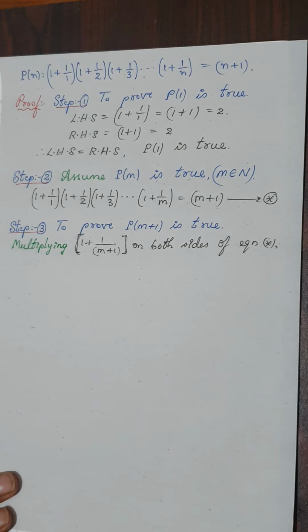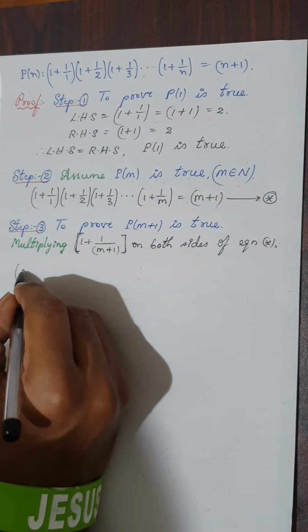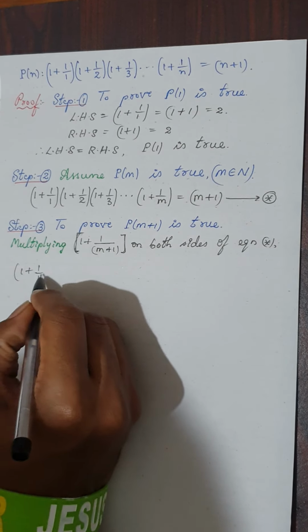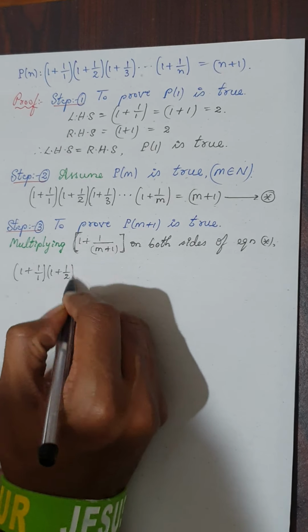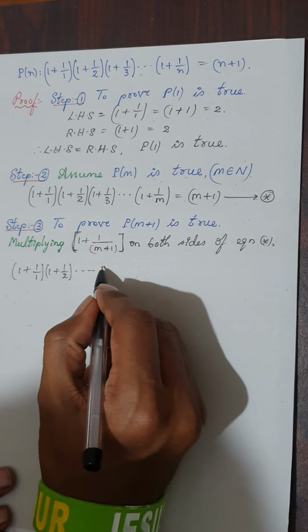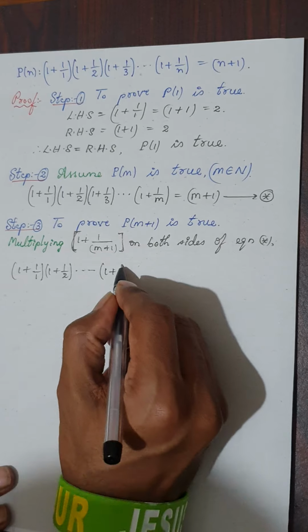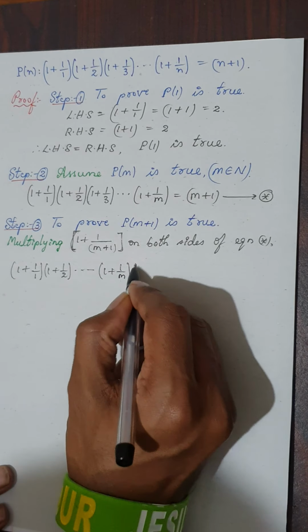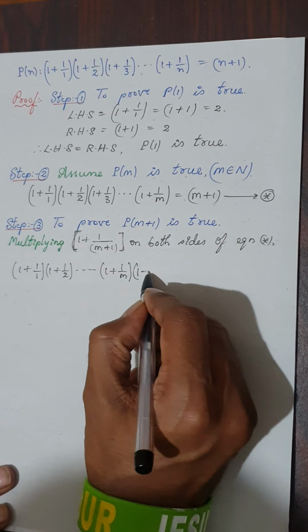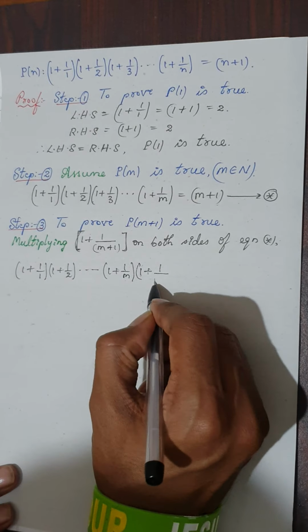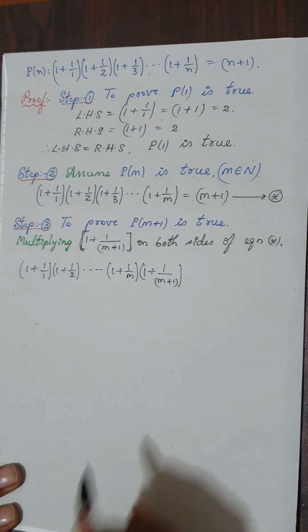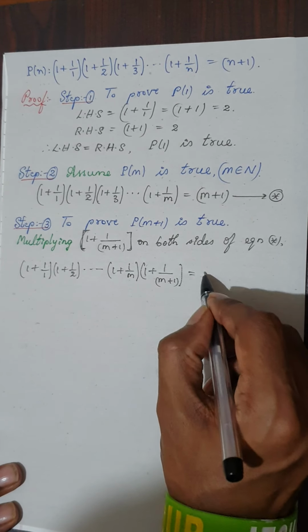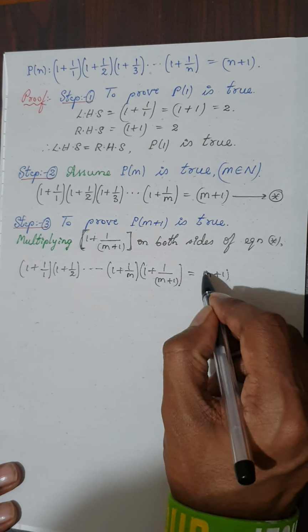So see what happens if you multiply. Let's take the terms which are already present: 1 plus 1 by 1, 1 plus 1 by 2, multiplying so on up to 1 plus 1 divided by m. This is already present. To this I will multiply 1 plus 1 divided by m plus 1. Is it clear? Fine. So this is nothing but m plus 1 is already there.